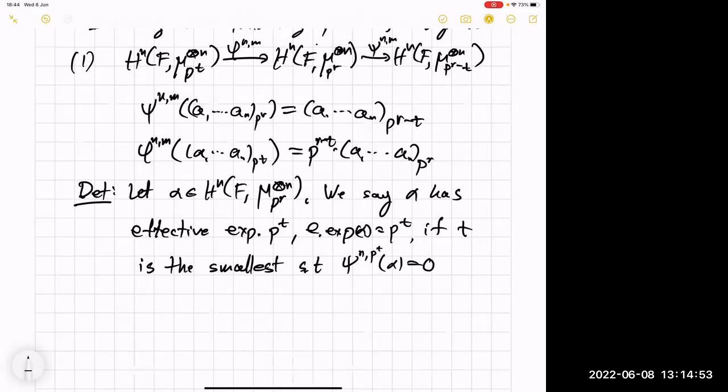You can find it in one of the later works of Szyjewski. And everything has to do with some connecting map disappearing or not. In any case, if you like just exponent, just add all roots of unity to your base field, and then the effective exponent and the exponent are the same thing. Okay.